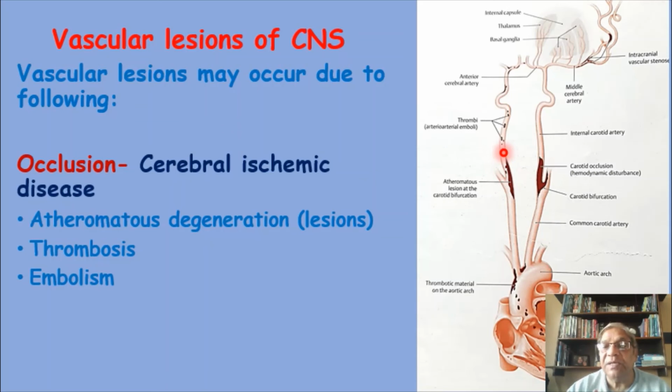What is a blood clot? It is nothing but coagulated blood, and this may break into small pieces, and these small pieces are called thrombi. When they float into the blood vessels, they are known as emboli or embolism.